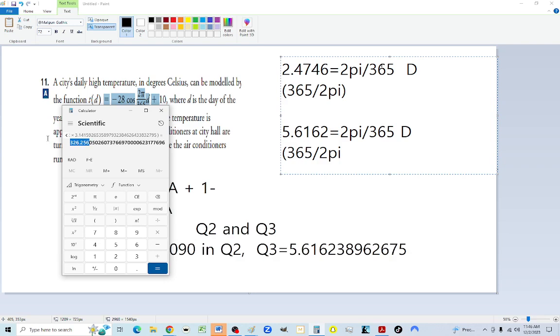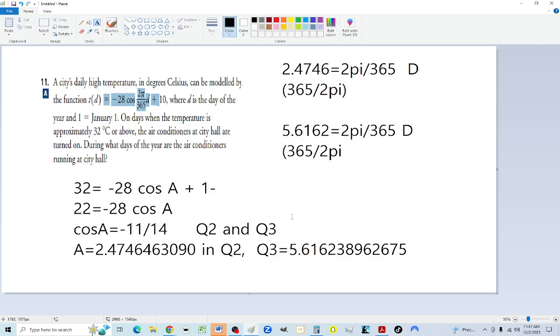Way too big. Okay. That should have worked. Oh, I know what's going on. That's way too big. This one's way too big. 3.14. That's not quadrant 3. Oh, yeah. That's not quadrant 3.